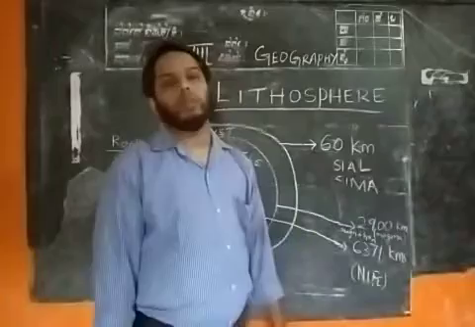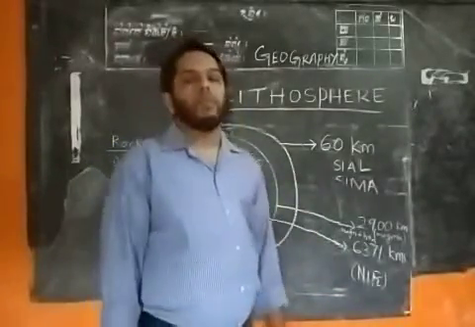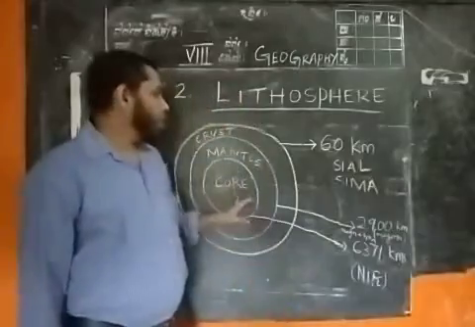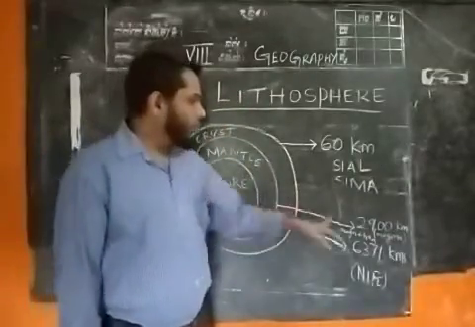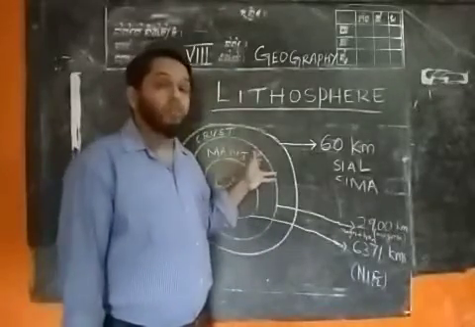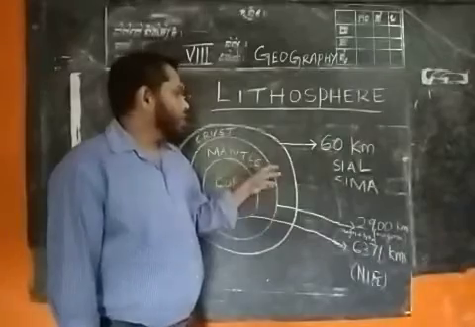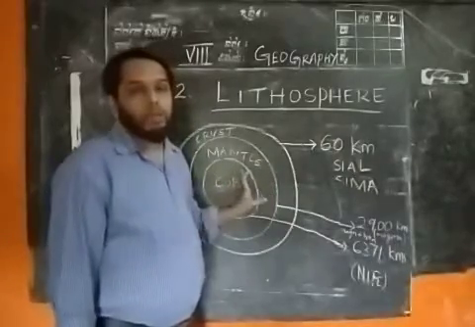Ferrum is the scientific name for iron. So Nife, or nickel and ferrum, is found in the core, whereas in the mantle we can see magnesium and iron. The mantle itself is very hot, so we can't imagine what the condition of the core will be.